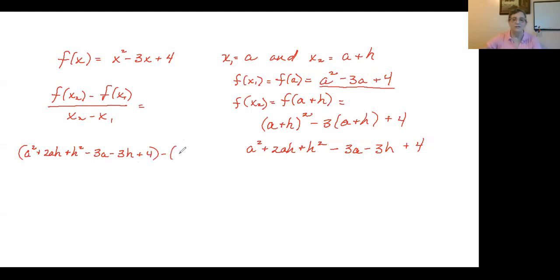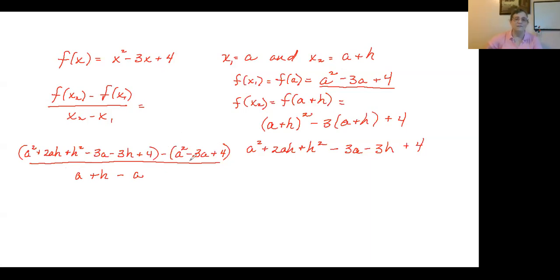So minus parentheses, because it's the whole thing being subtracted, a squared minus 3a plus 4, all over f of x2, which is a plus h, minus f of x1, which is a.